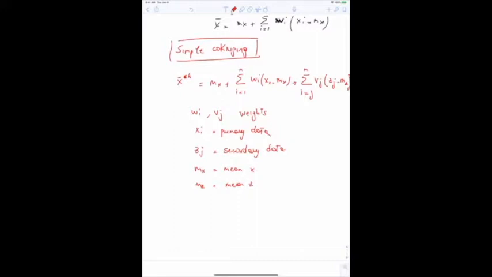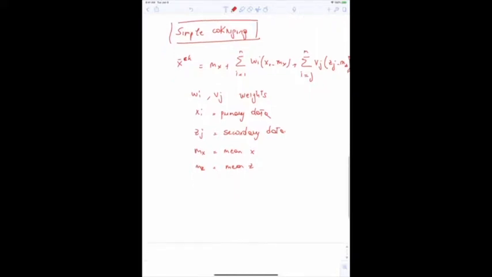And then n is the number of measurements of the primary variable, and m is the number of measurements of the secondary variable.